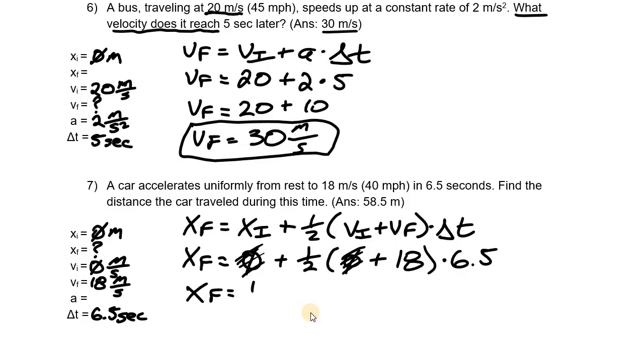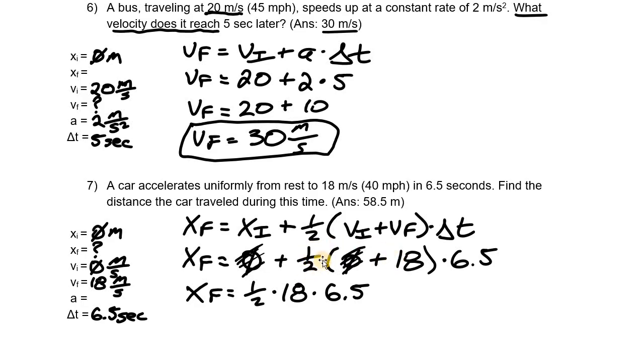We have 1/2, and that's being multiplied by our 18, and that's being multiplied by our 6.5. Just keep in mind, this is 1/2 times a positive 18 times 6.5. This is not 1/2 plus 18.